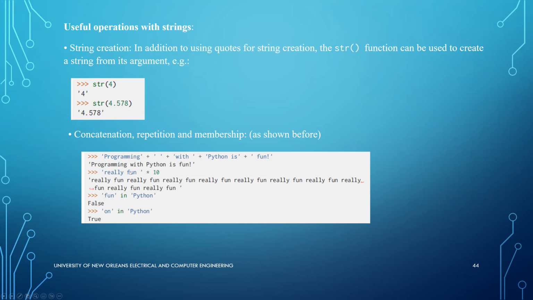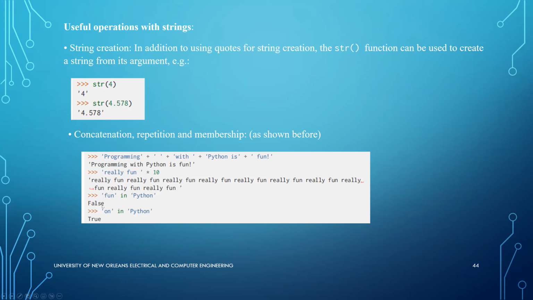And if I want to replicate parts of a string again, I can say, for instance, here, really fun 10 times, and it'll display really fun 10 times in this case. And just as we did a few minutes ago, if I want to find out if something is part of a string, I can say, well, fun in Python?